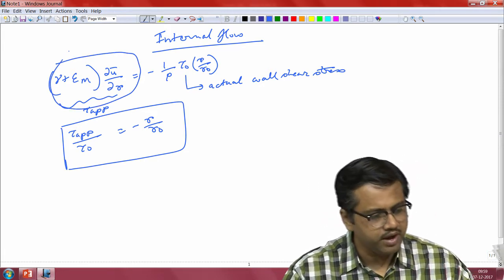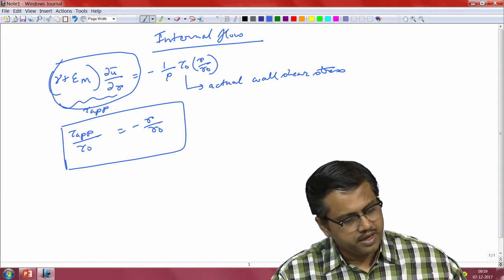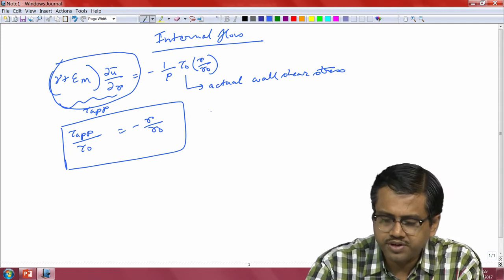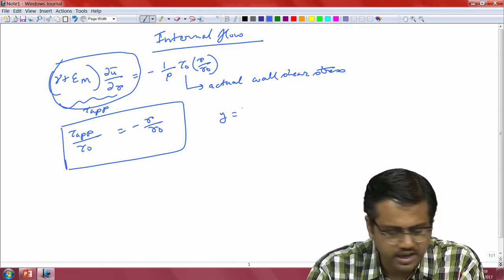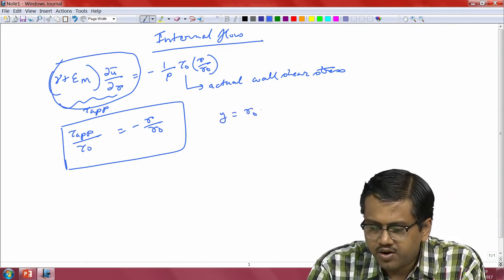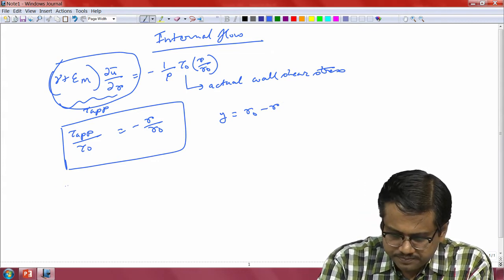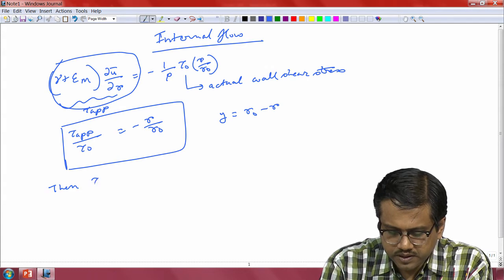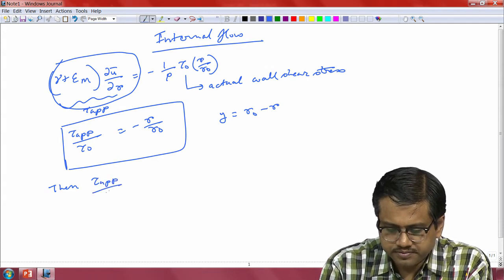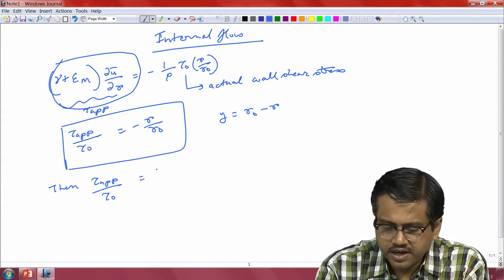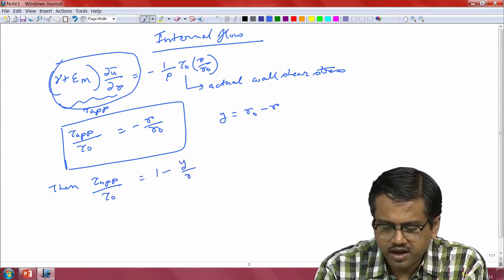So, this is your tau apparent. Now, in other words, if you now define a variable y, which is basically r naught minus r, then tau apparent can be written as 1 minus y by r naught.